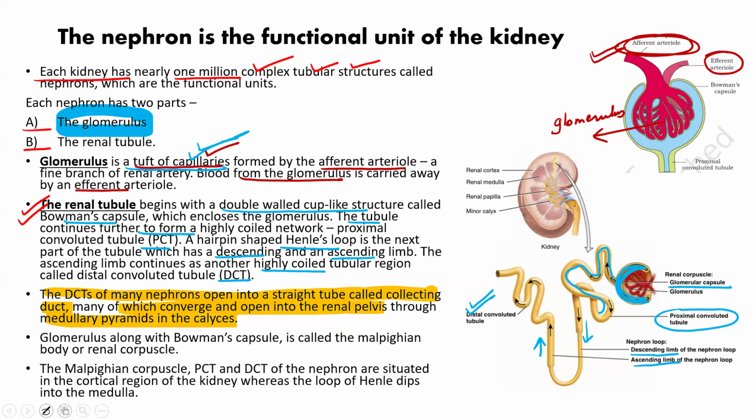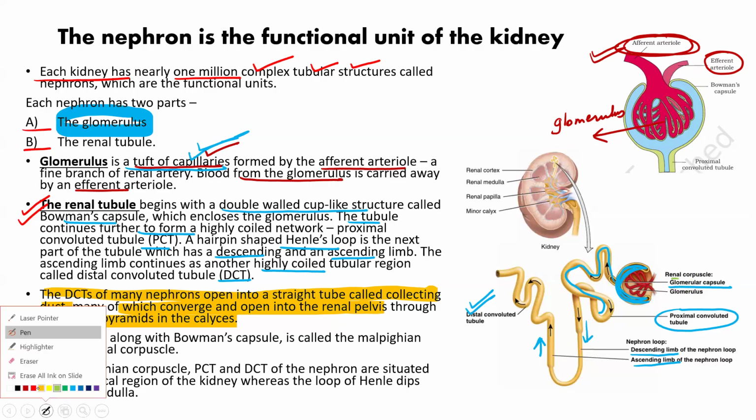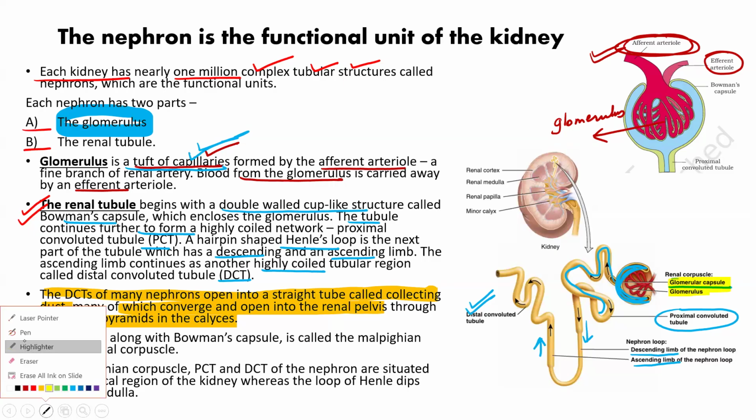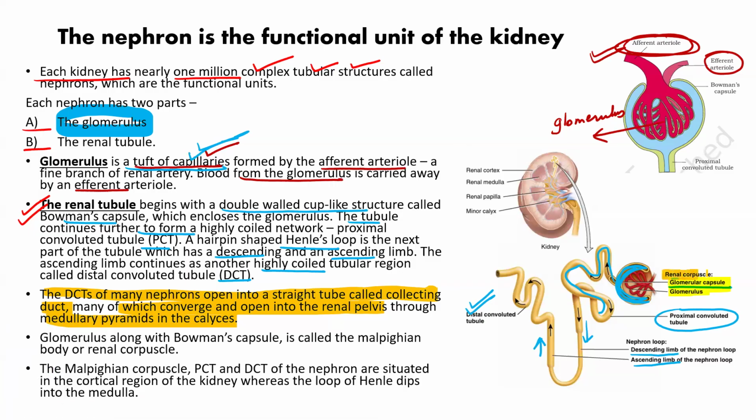Now, one next very important point. Bowman's capsule plus glomerulus together is known as, see here, I'll highlight it, please focus here, renal corpuscle, also known as Malpighian corpuscle. So glomerulus along with Bowman's capsule is called Malpighian body or renal corpuscle or Malpighian corpuscle.